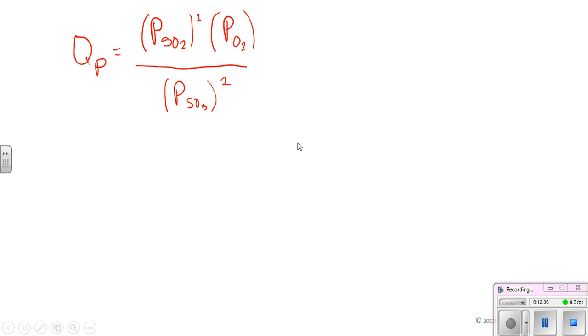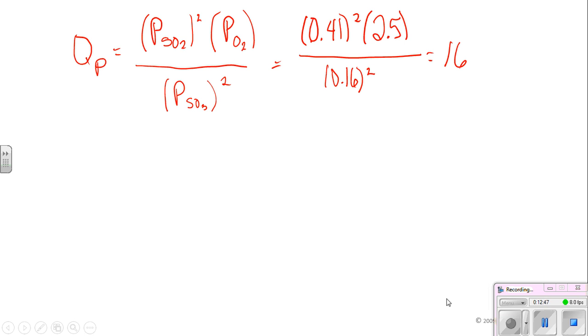Then we would plug in our values for the partial pressures of our products and our reactants into our Q expression. Notice that I did not plug in atmospheres. I left the units off because these are now activities. Plug in and solve. So we have 0.41 squared times the pressure, 2.5, and then we're going to square this and then divide. And our Q ends up being 16.